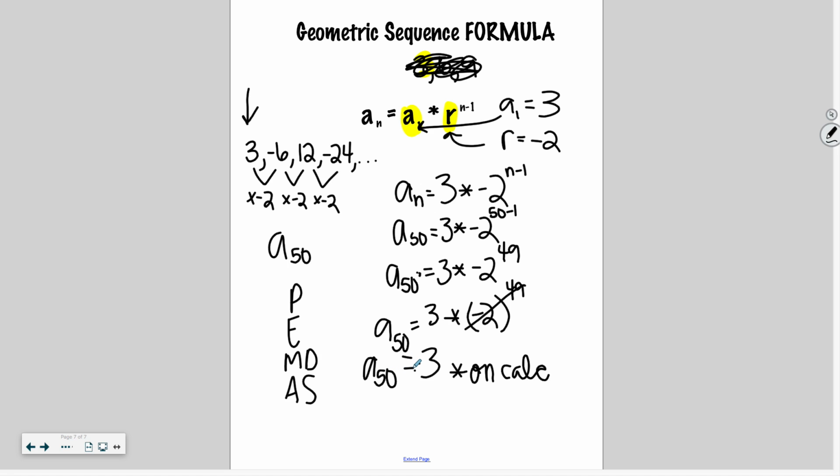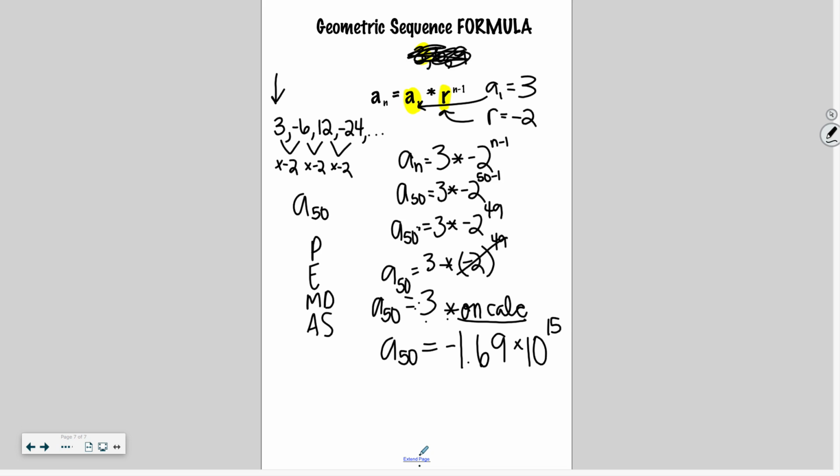If this is sitting on my calculator right now, all I need to do is type in times 3 to give me my answer, which once again is in scientific notation, which is fine because I know how to understand scientific notation. So if I have negative 1.688, I'm going to put 9 times 10 to the 15th power. So that means it's a super big negative number.